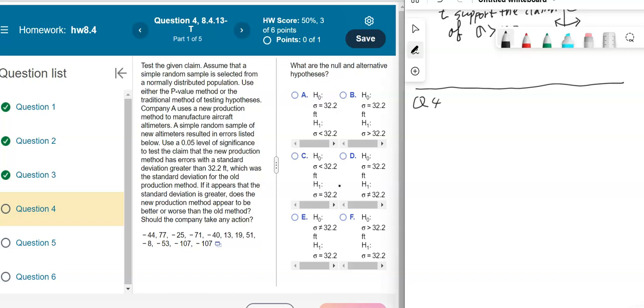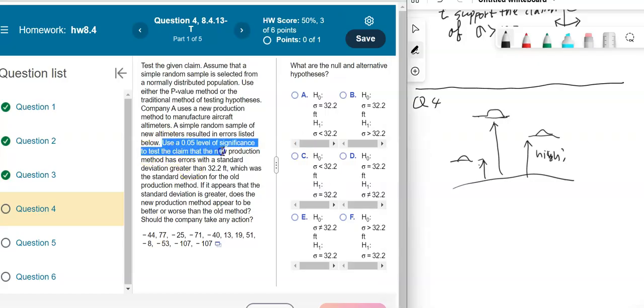I mean, how high is the airplane? This is Earth. How high is the plane? Very important. Altimeter. Okay. It's very important. Now, use 0.05 significance level here. Test the claim the new production method has error with standard deviation greater than 32.2.